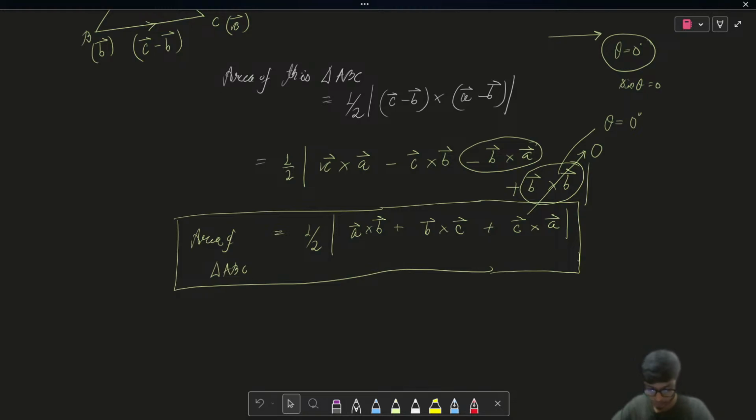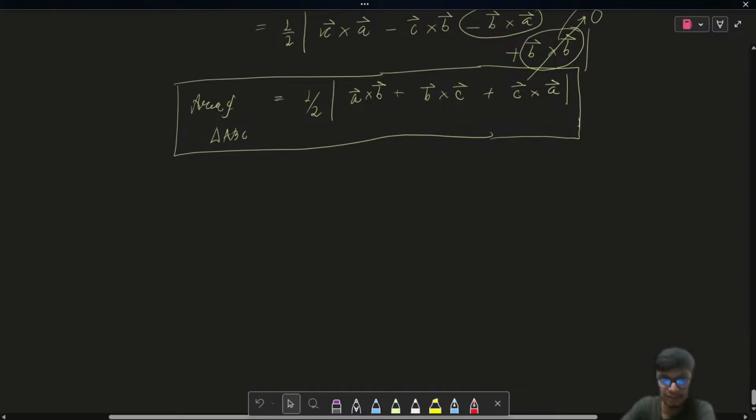And we also saw how to find the vector product in terms of the components, right? Today let us see how we can also use this vector product to analyze the geometry of a plane.